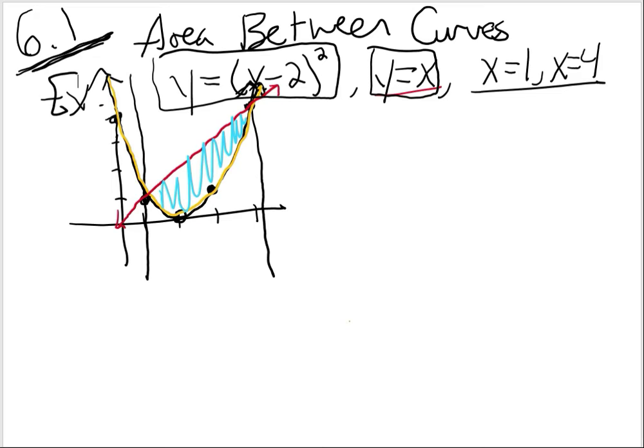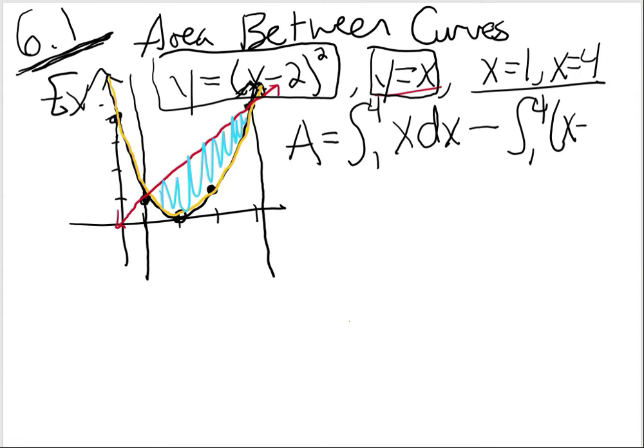So to find the area, it's going to be the integral from 1 to 4 of x dx minus the integral from 1 to 4 of x minus 2 quantity squared dx. And this is all coming from that x is my top function subtracting the bottom function. Okay, the first one, we can do that integral pretty easily.